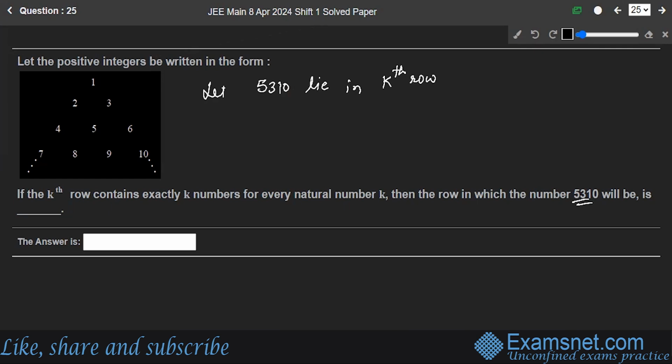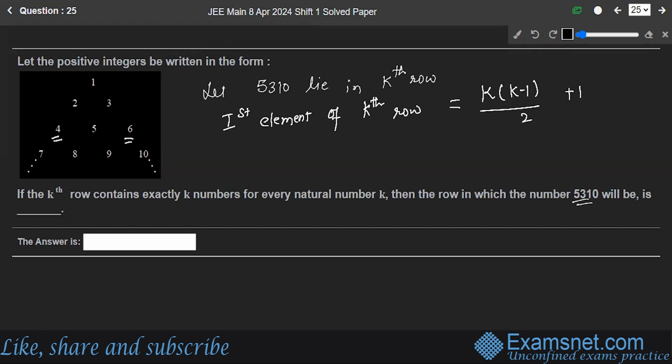So the first element of the kth row will be given by k into k minus 1 upon 2 plus 1. Look over here. This is the third row. So this is 3 into 2 upon 2 plus 1. That is equal to 4.